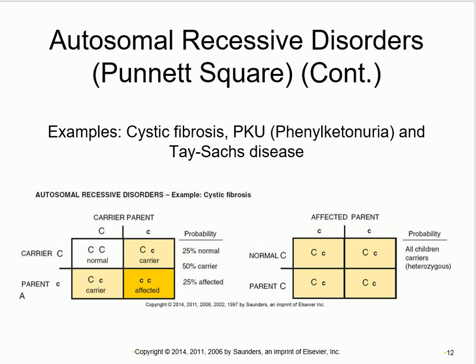Okay? So can you give me the chances? Here is uppercase C, lowercase c, uppercase C, lowercase c. So this is autosomal recessive. This is the one that's defective, one of the alleles. And remember that you get alleles from the male and from the female. You get one from here and one from there.